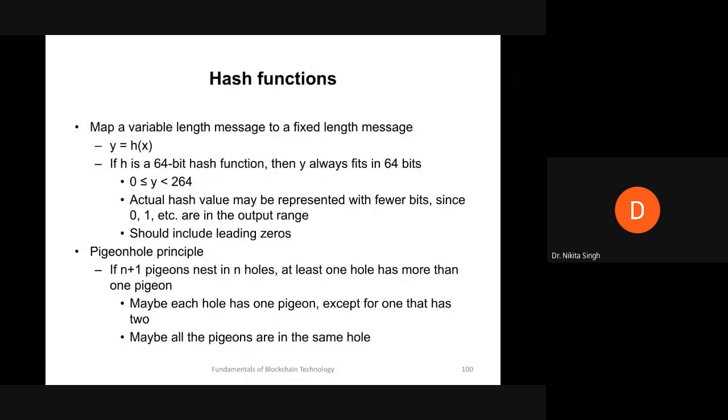So if h is a 64-bit hash function, then y will always be 64-bit in length.